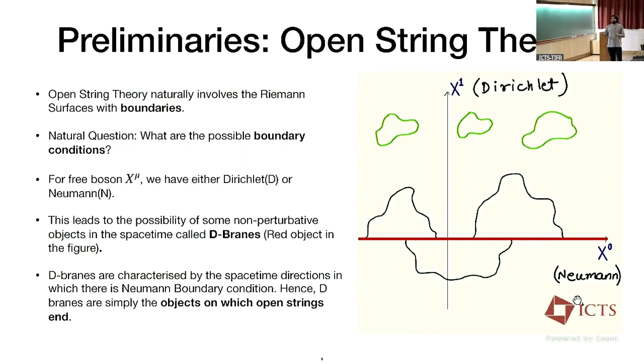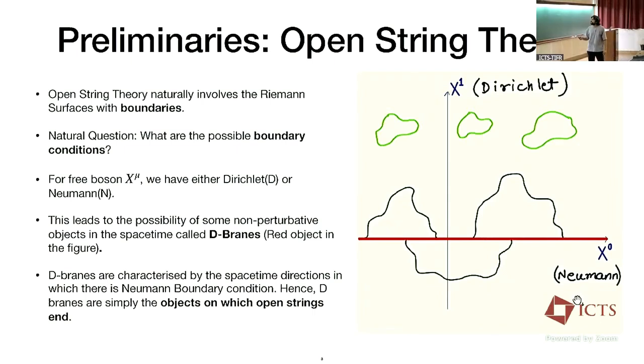This is also a popular statement that people make whenever discussing D-branes: these are the objects on which open strings end. So you have a Riemann surface with boundary. Here is an example of a D-brane.